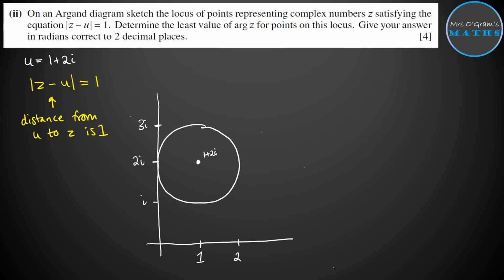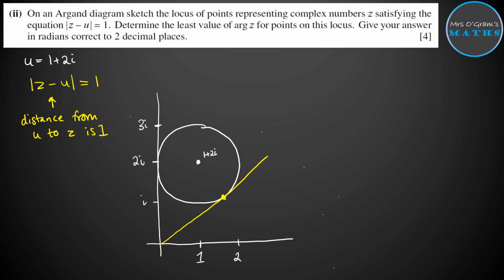Now determine the least value of the argument of z for points on this locus. So z can be anywhere on that circle. We want the point on the circle which would give us the smallest argument of z, which is the angle between the line to z and the x-axis. So that's going to be just here, where we can make that line be a tangent to the circle.